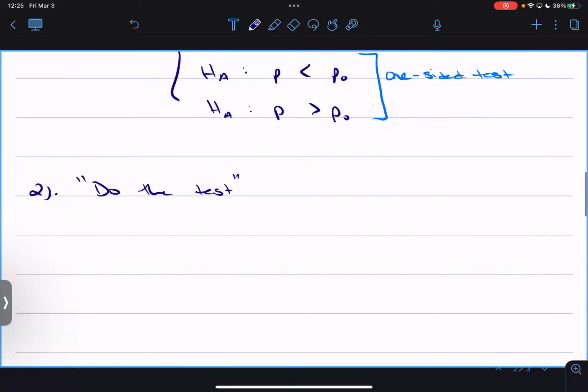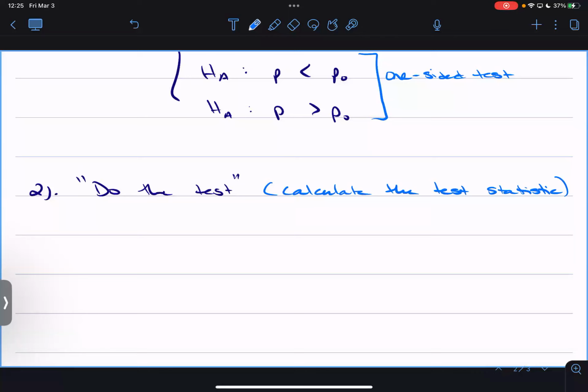Mountain Dew, not a sponsor yet. Do the test is big. What I should be saying here is calculate the test statistic, but it just doesn't have the same ring to it. Sounds boring. Do the test sounds fun.